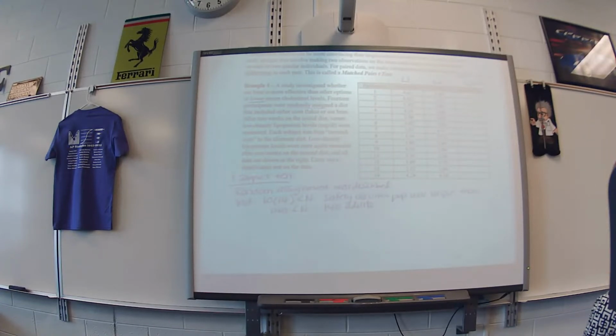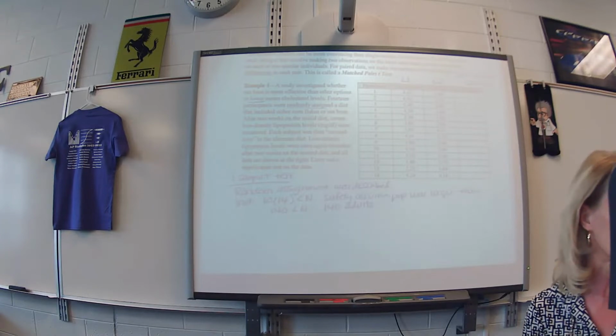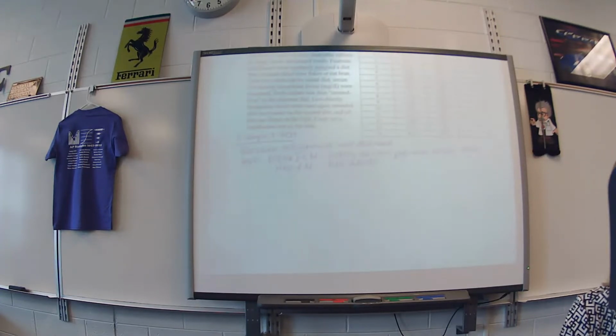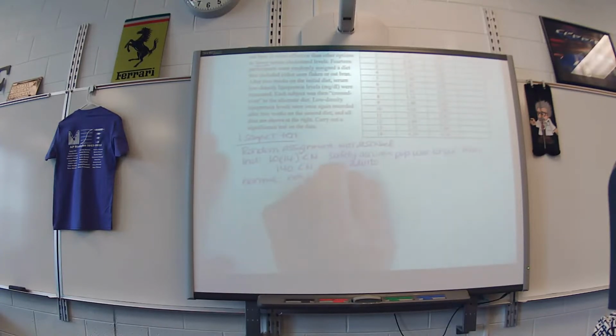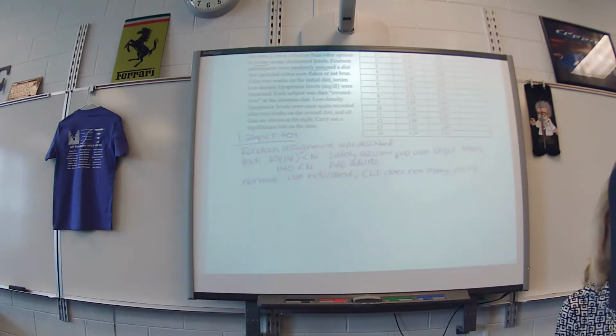But I think we can safely assume there's more than 140 adults who have high cholesterol. Do we have a normal distribution? It is not stated. So I'm going to say not indicated. And the CLT does not apply this time because my N size is only 14. I have only 14 participants.